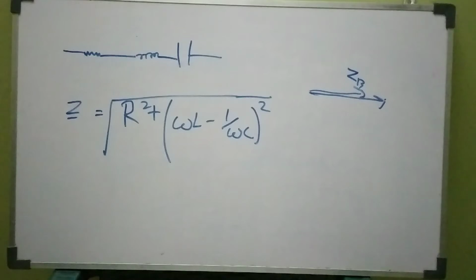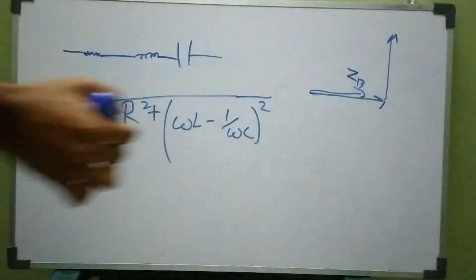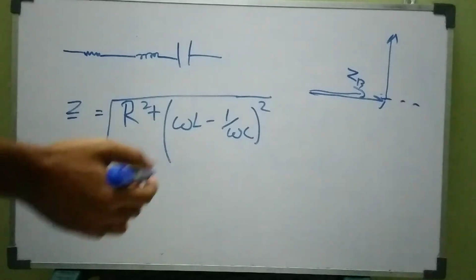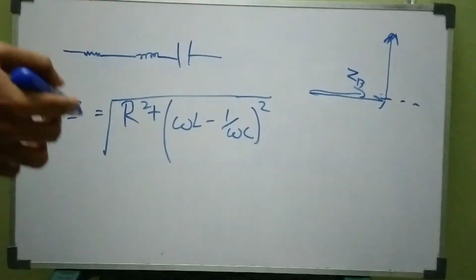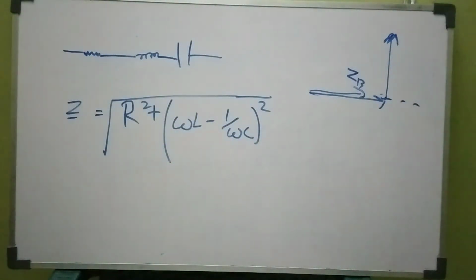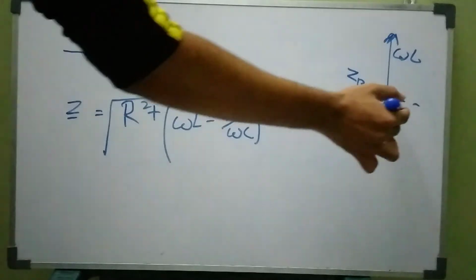Also we can directly tell the omega L, the reactance of the inductor, would be in the voltage direction if it's connected independently, so it's going to be in the Z direction. The impedance of the capacitor is going to be downwards. So it would be omega L, and this would be 1 over omega C.